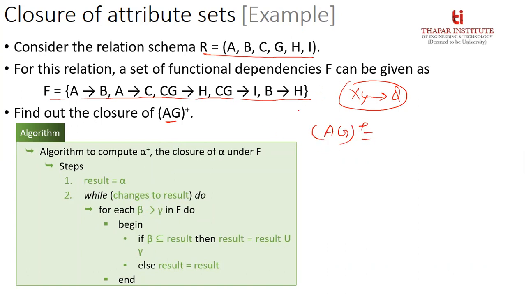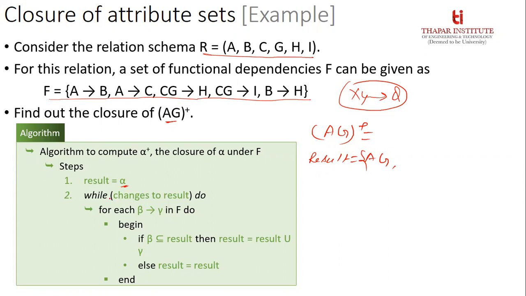Whenever we identify the closure set of any attributes, we have to include those attributes in the closure set. It means we are considering the result as the one final value of this closure. So the result will include alpha first. So AG will be in the closure of this, AG plus.